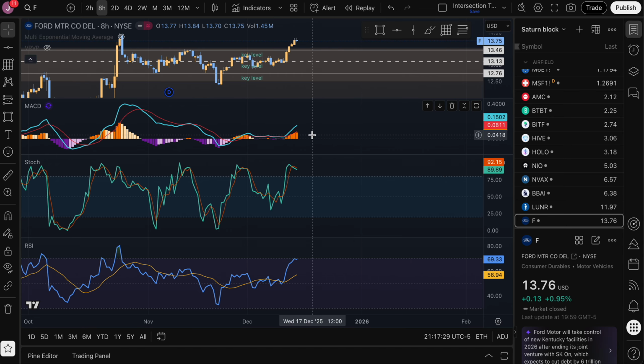Okay. So for the 8-hour, getting some nice strength. Getting some super strength. So that would be nice if we get some rounding and re-explosion. This is already overbought. We'll see what happened last time. But we got some kind of bounce here.